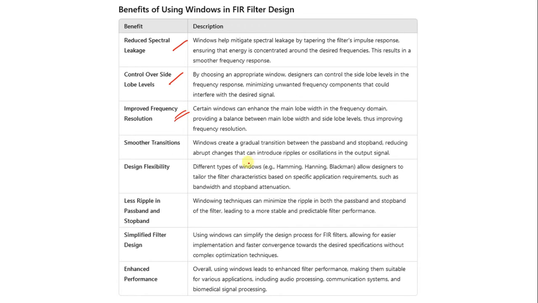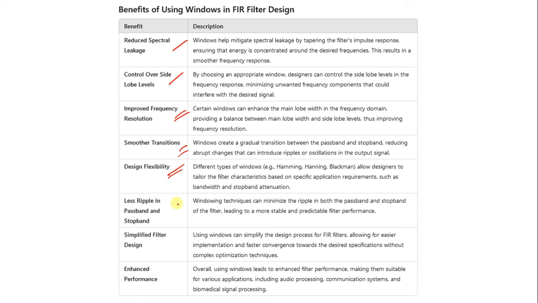Then there would be smoother transitions in comparison to the normal FIR filter or the filter designed with a rectangular window. Then design flexibility: there are a large number of window functions available, and you can use any of the windows as per your need and requirement.